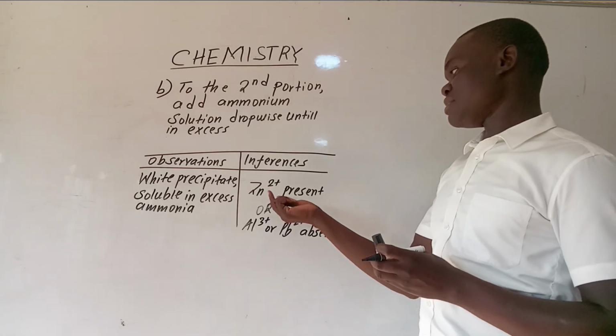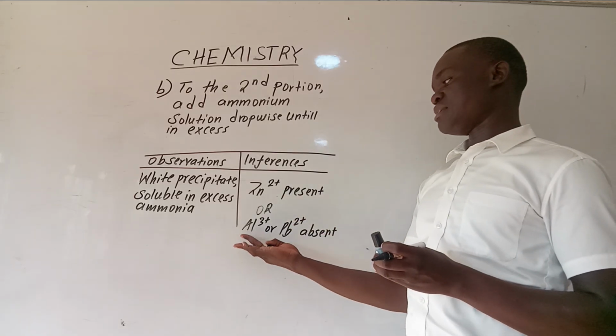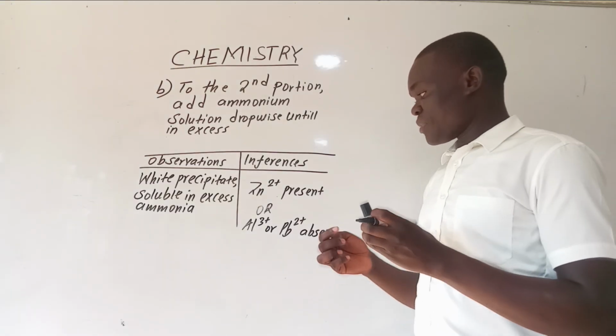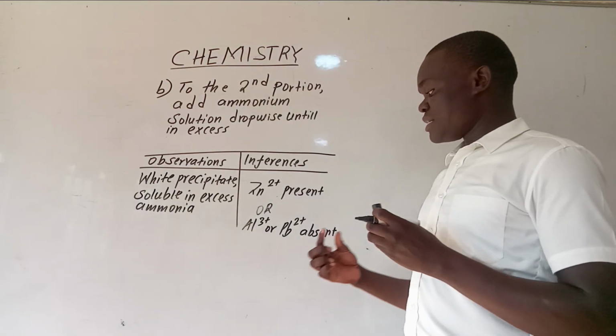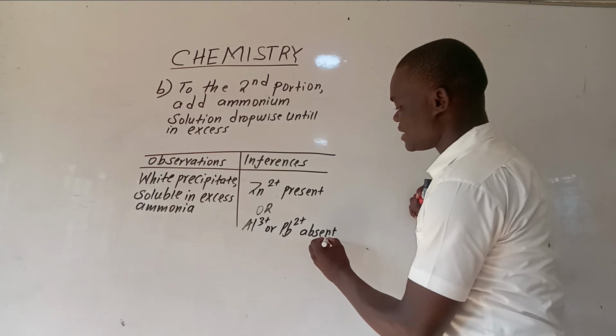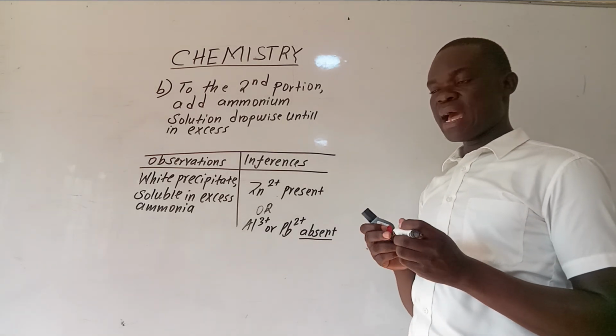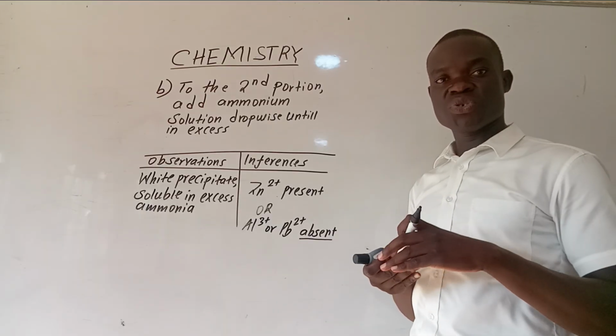So to say that this is present is the same as to say that these two are absent. Okay. In most cases, we are discouraged from using the word absent unless we have no option.